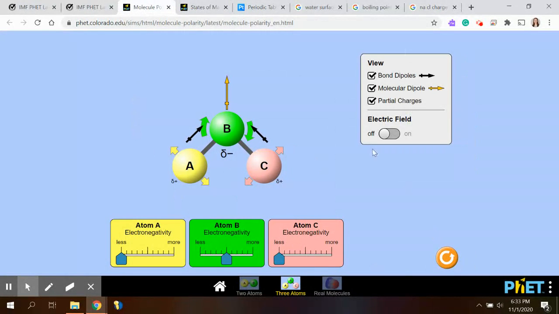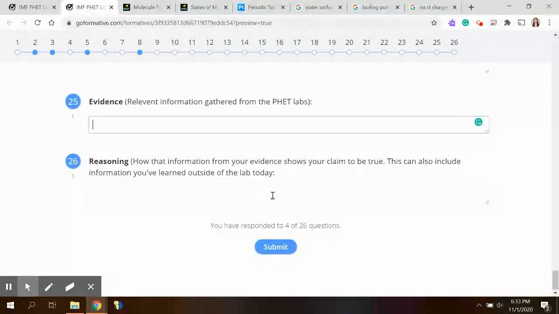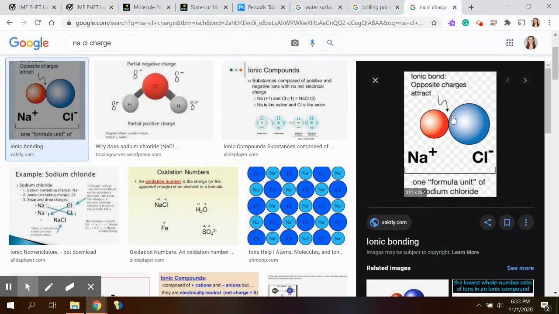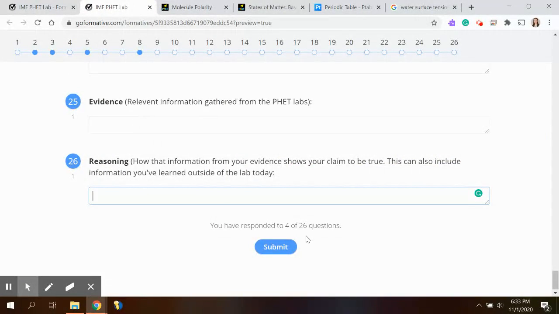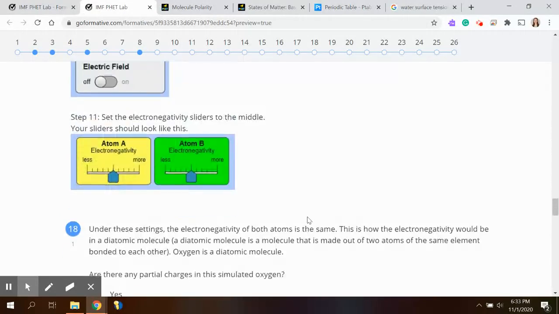Or you might say, in this PhET lab, the charges on these molecules were blah, blah, blah. And so I think this would happen. And then your reasoning. So you can include here information about hydrogen bonds, about what intermolecular forces are, about what sodium chloride here would actually be attracted to, and so on and so forth. Really just any reasoning that you have to support your response.